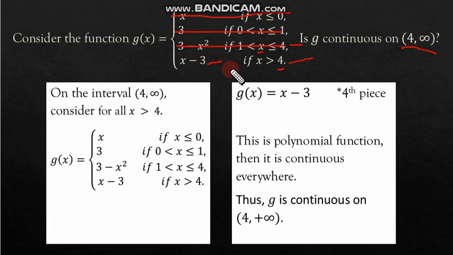Since x minus 3 is a polynomial function, it is continuous everywhere, and we can conclude that the function g is continuous on the interval from 4 to positive infinity.